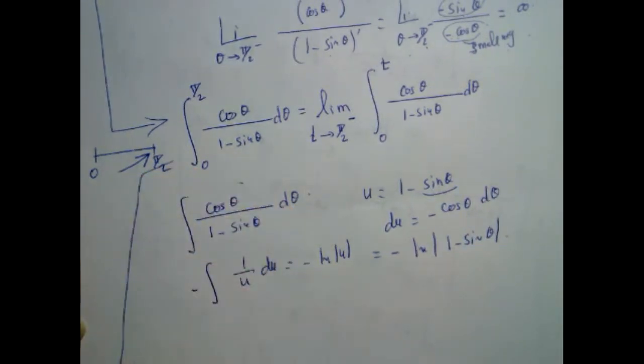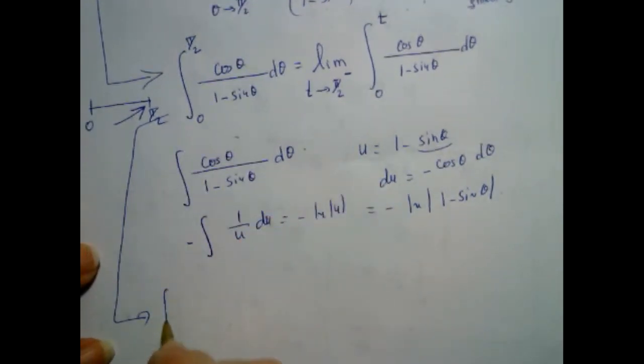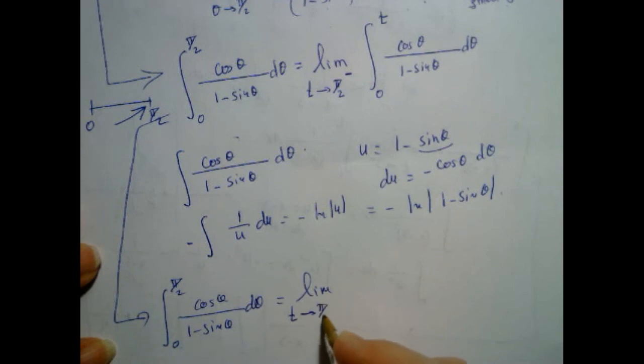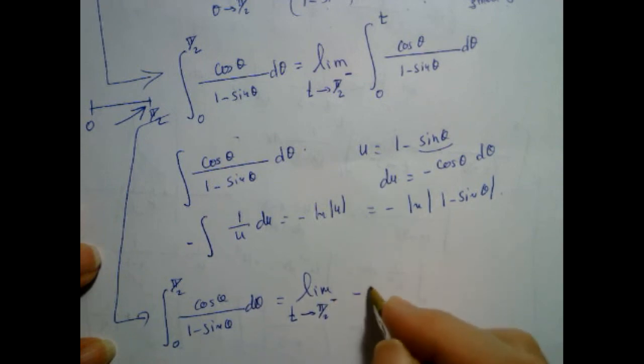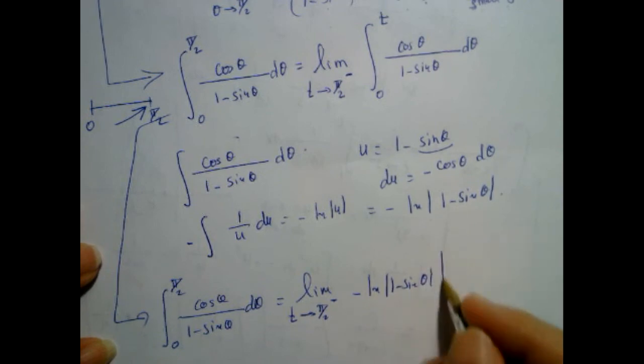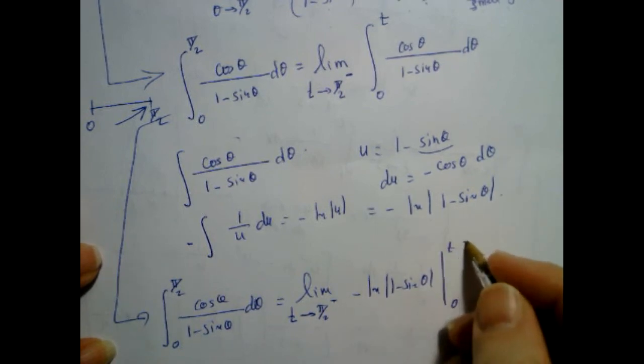So now I finally go back to my integral. That's the limit as t becomes close to pi over 2 from the negative of my antiderivative, evaluated between 0 and t.